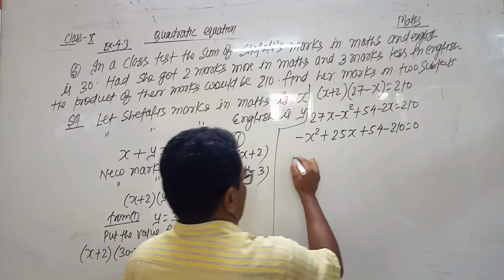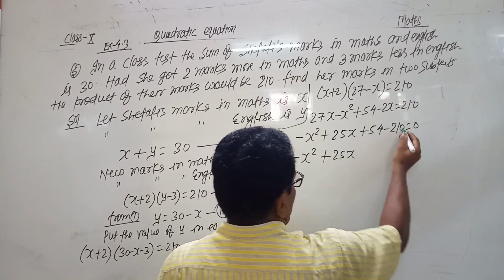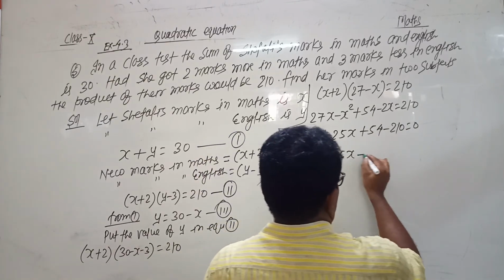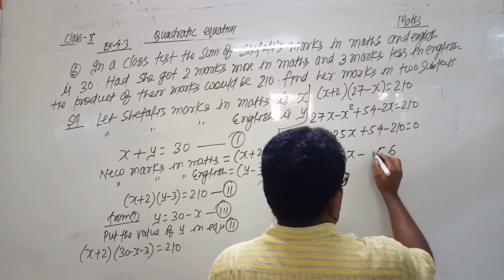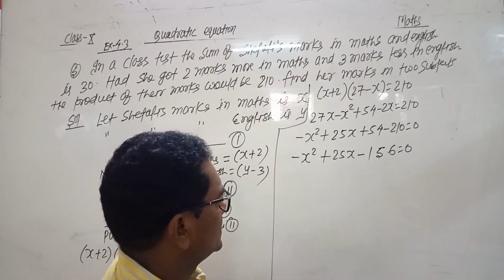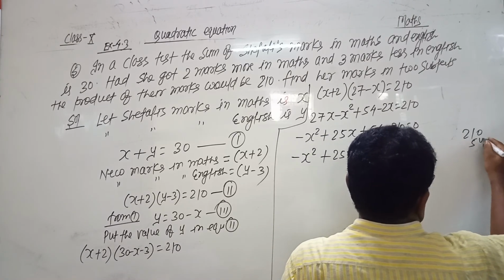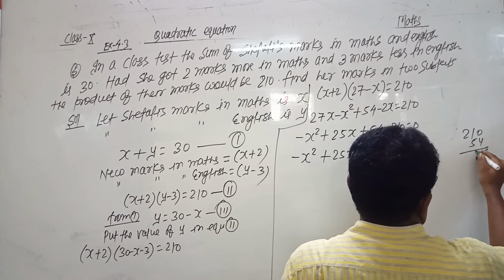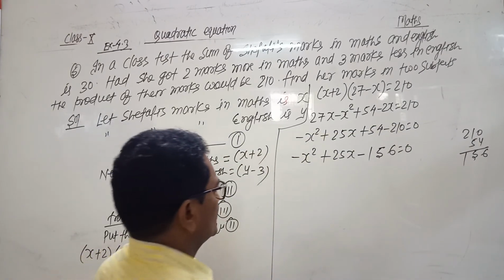So minus x square plus 25x, and 54 minus 210 we get minus 156.